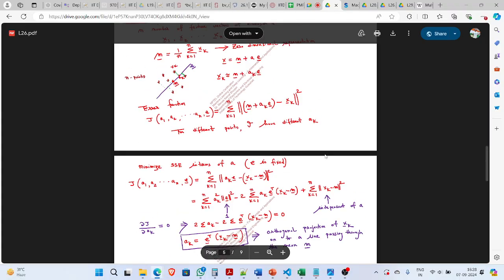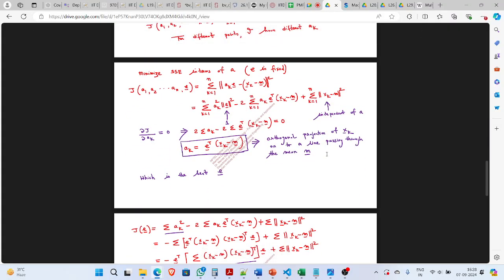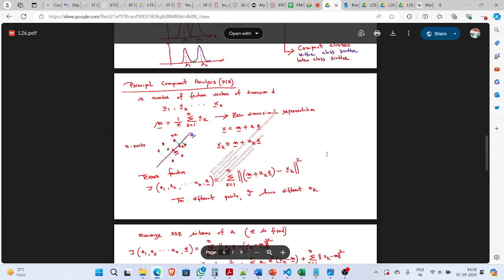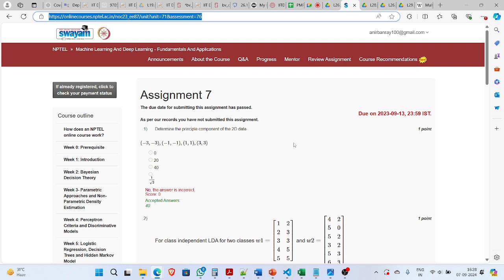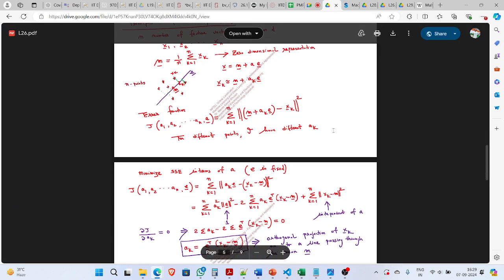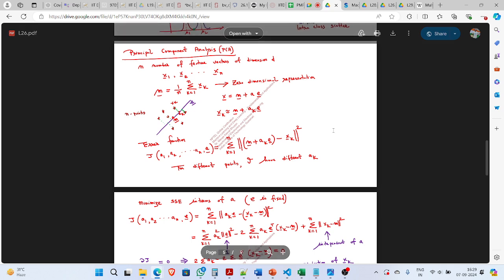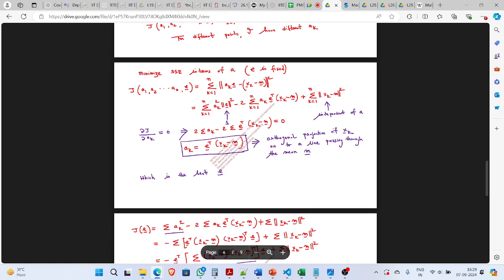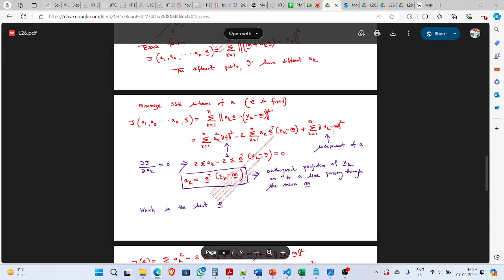The component will be the transformation of xk onto this eigenvector.